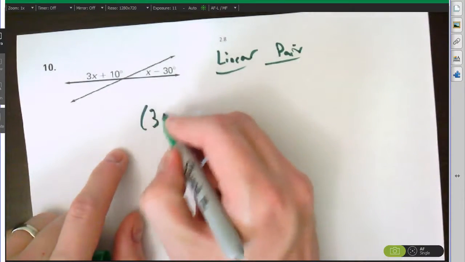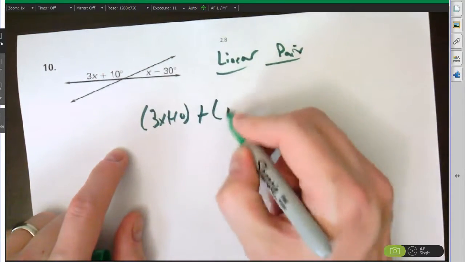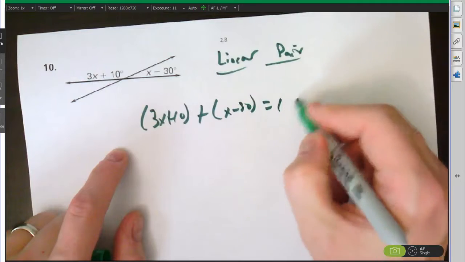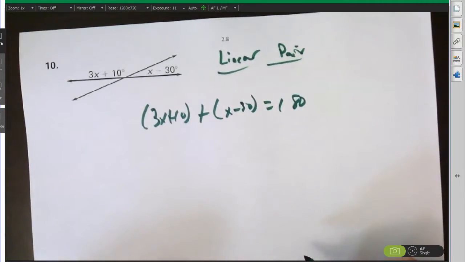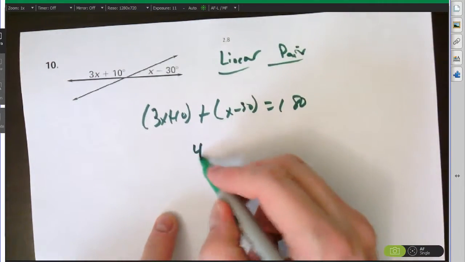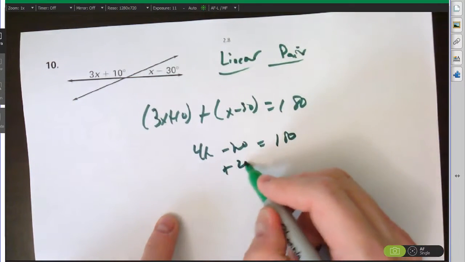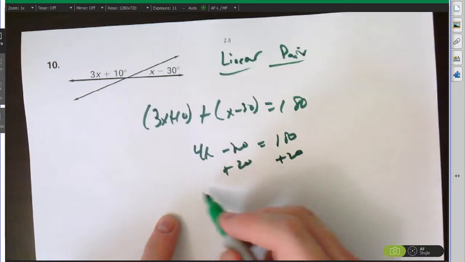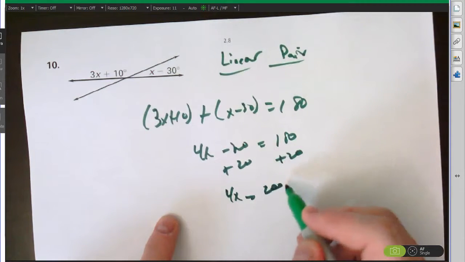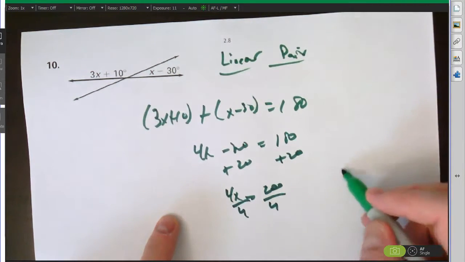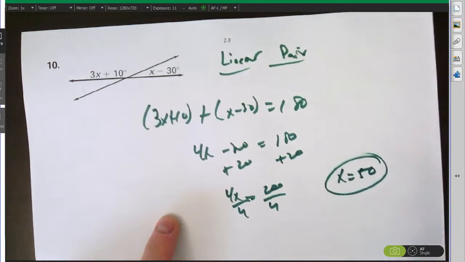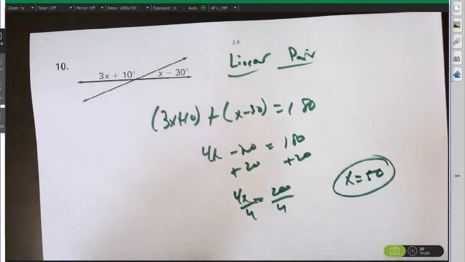So we know that 3x plus 10 plus x minus 30 has to equal 180 degrees. And now we add our like terms. 3x and x are 4x. 10 and negative 30 is negative 20. Add 20. 4x is 200. Divide by 4. x equals 50. Anyway, we're just solving for x here. We're not doing anything else.